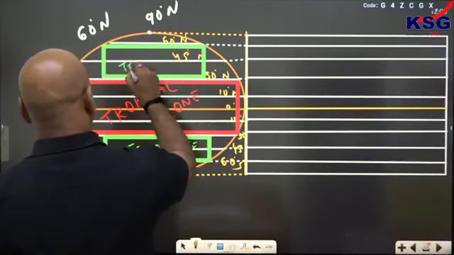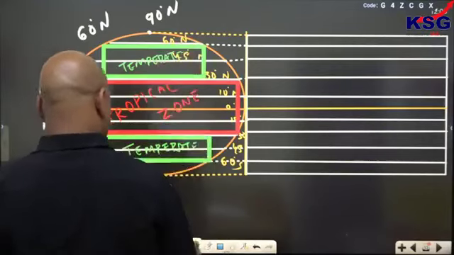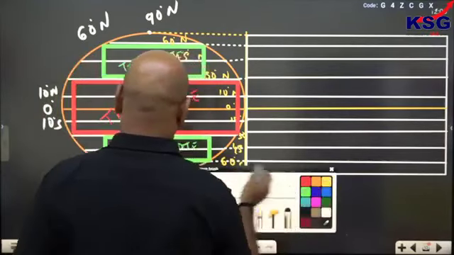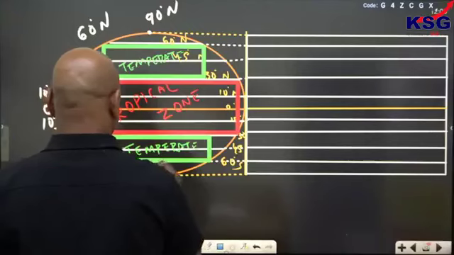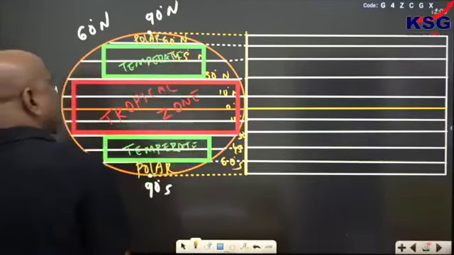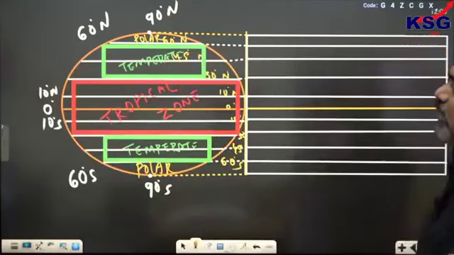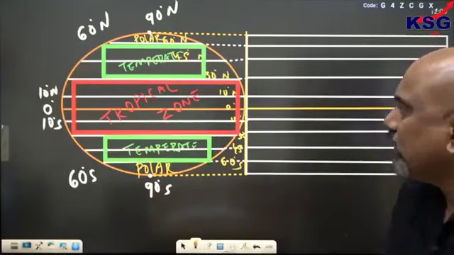This is the temperate zone, and beyond this you have the polar zone. This is also the polar zone. This point, you are well aware. Hope you are well aware about this.